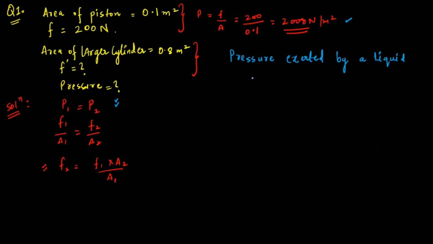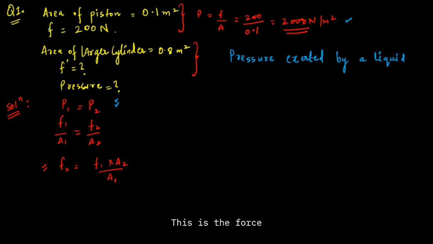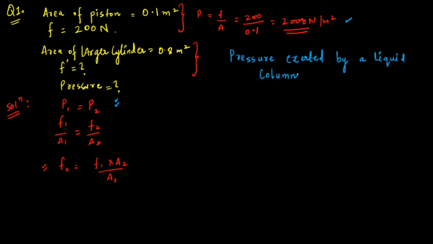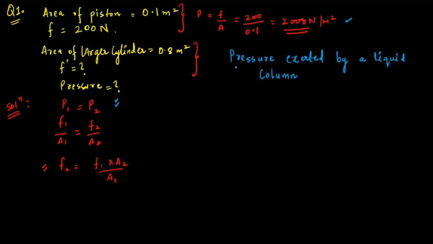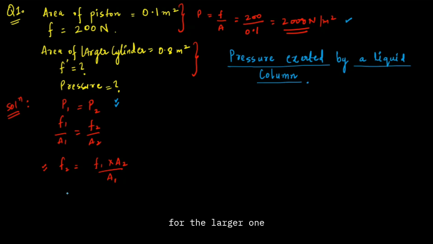We have to find the force on the larger cylinder. The force given is on the smaller piston. I'll plug it in. So F2 is equal to the force of 200 times the area of the second one, 0.8, divided by 0.1. I get 1600 newtons for the larger one.